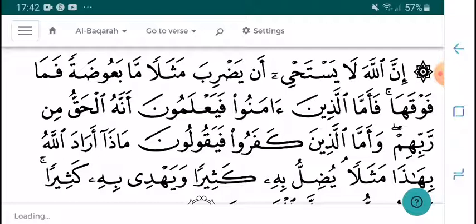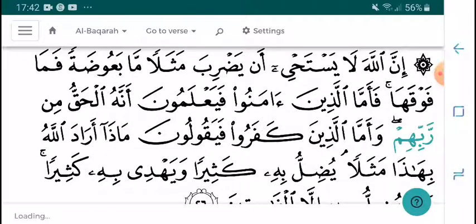But if there is a noon saakin or a noon tanween and the next word starts with a ra or lam, like this one here, you'll drop the noon saakin, but you will pronounce the ra or the lam without ghunna. So it will be mir Rabbihim. Why? Because you can't produce a nasal sound for that.